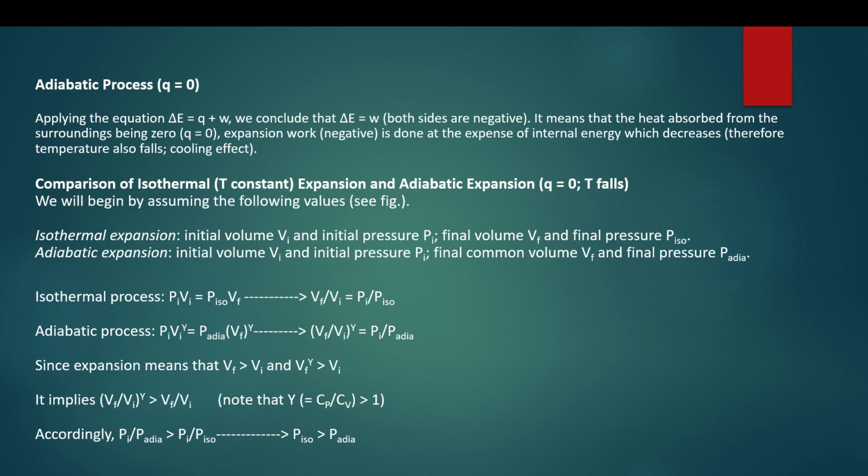It implies V final upon V initial power gamma is greater than V final upon V initial, because gamma is more than 1 and gamma is the ratio Cp upon Cv. Accordingly, P initial upon P adiabatic is greater than P initial upon P iso, which implies that P iso is more than P adiabatic.